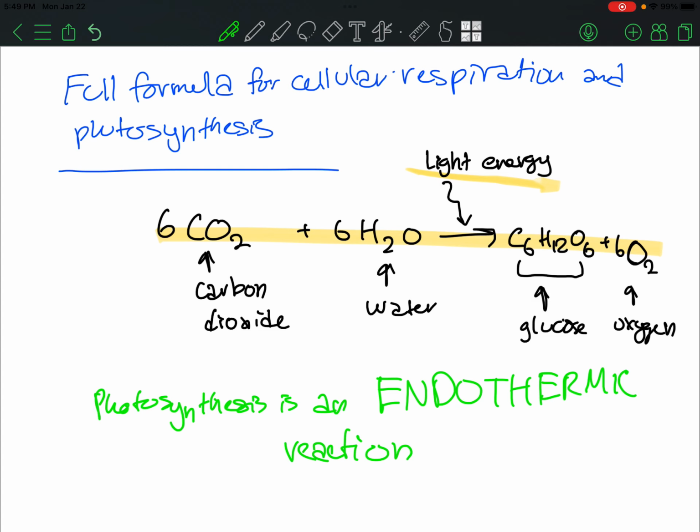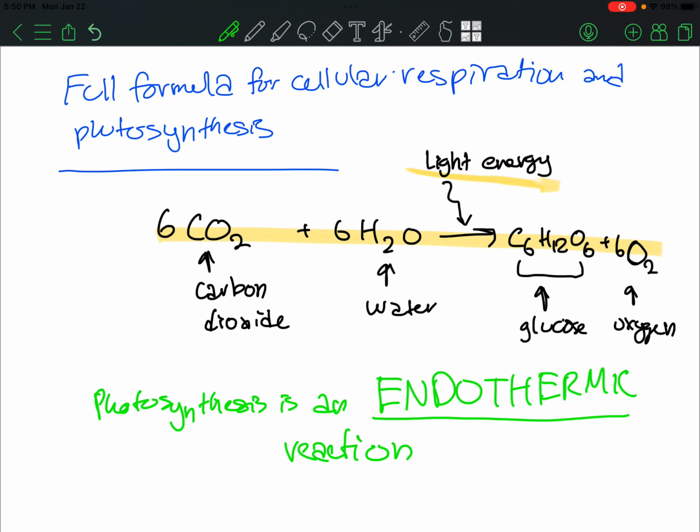Just to put into perspective, photosynthesis requires energy from outside sources, right? They require energy from outside sources, and they take in heat. Okay? The reaction of the actual photosynthesis is cooler than the outside, right?